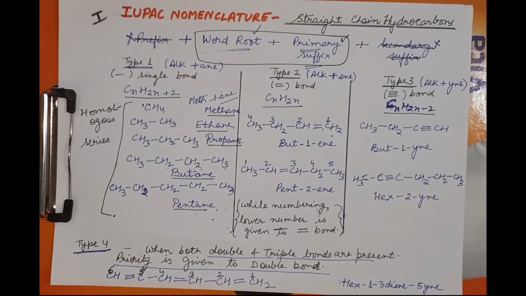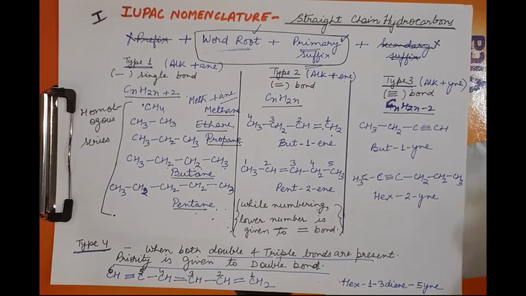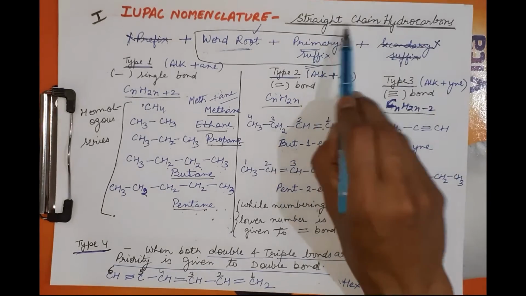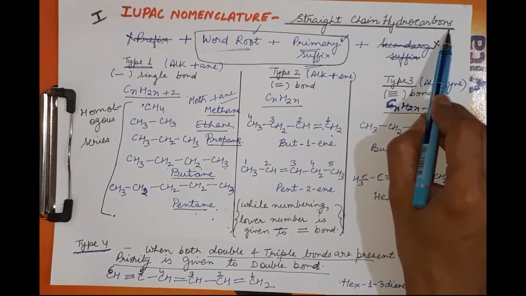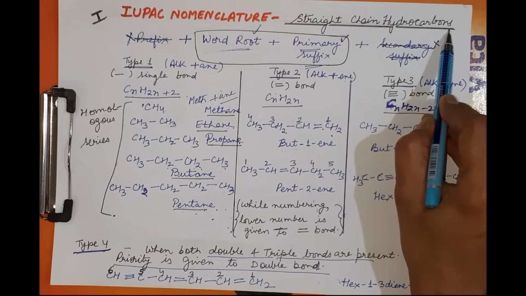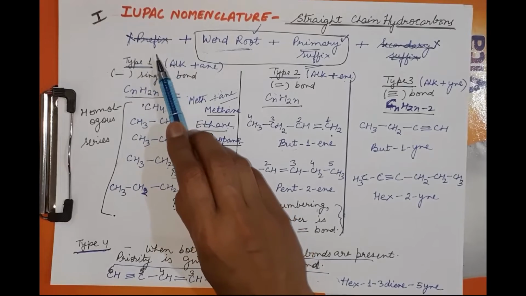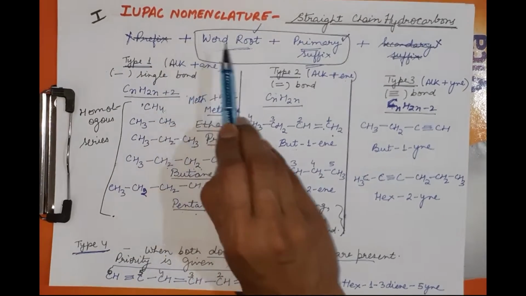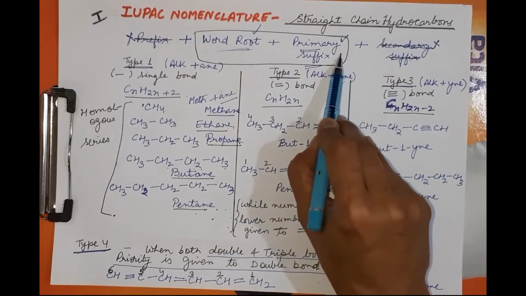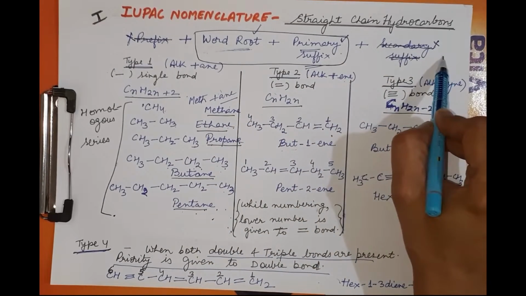So hello friends. Today in this video I will cover the IUPAC nomenclature for the straight chain hydrocarbons, which are not having any side chains. First we can write the general formula for IUPAC nomenclature: prefix plus word root plus primary suffix plus secondary suffix.